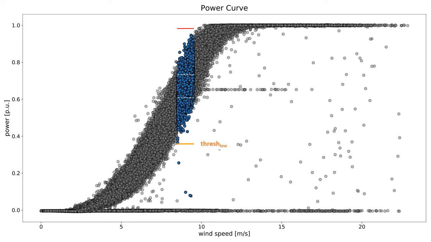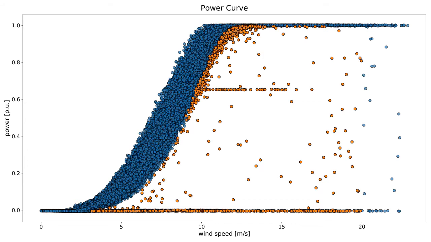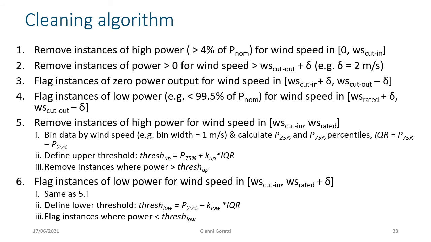So they are not removed, they're just flagged. Back to our example then, these are the periods that are flagged as anomalous between the cut-in and rated wind speed. So these are flagged but are not removed yet from the dataset. And here you can see a summary of the steps of the cleaning algorithm.